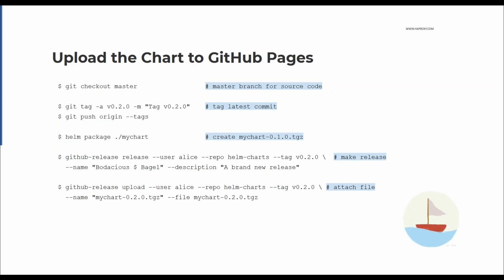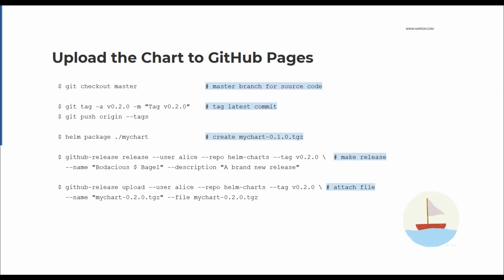Ordinarily, when you push a tag to GitHub, it creates a release for you. Unfortunately, it only creates download links for your source code. So you need something else that is going to attach the actual zipped up package to your release.